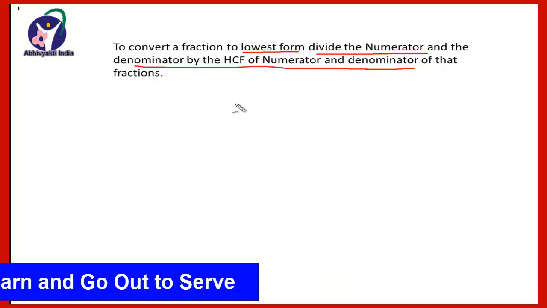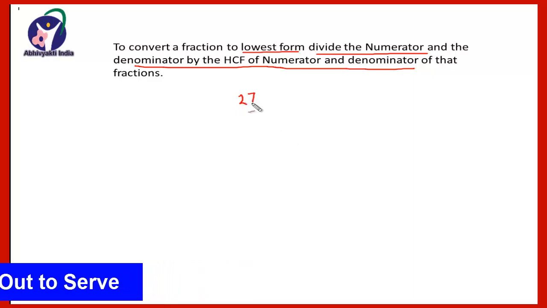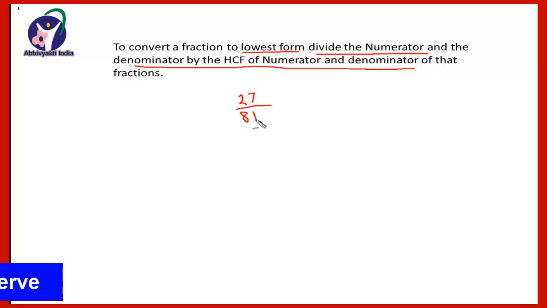Now take the example. If the number is 27 by 81, these numbers are smaller, so you can easily cancel it out and write it in the smallest form. But if the numbers are bigger, then it is better to find the HCF and divide by the HCF. Here the HCF of 27 and 81 is 27. So divide the numerator and the denominator by 27.